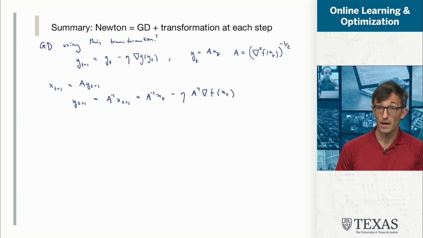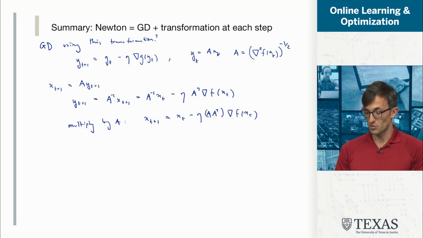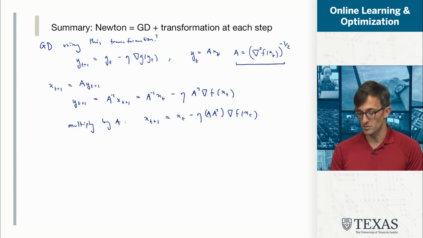Now multiplying through by A on the left, I get that x t plus 1 is equal to x t minus eta times A transpose, gradient of f of x t. What is A transpose? A is a symmetric matrix, so A is equal to A transpose, and A is the inverse square root of the Hessian.